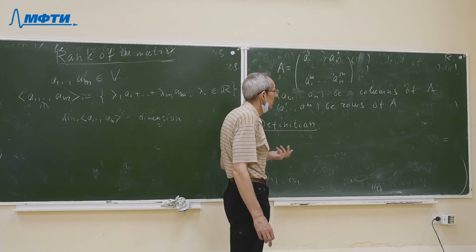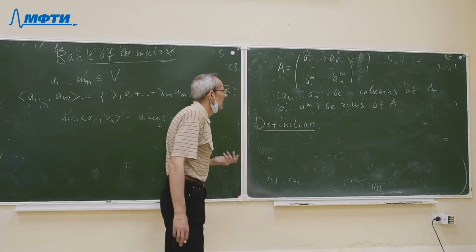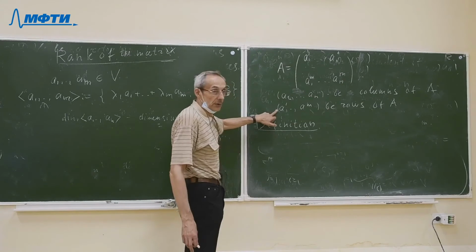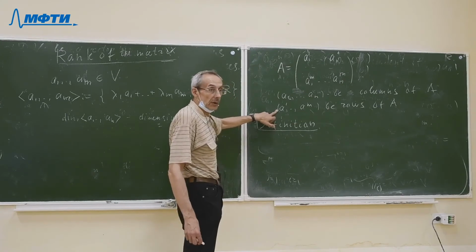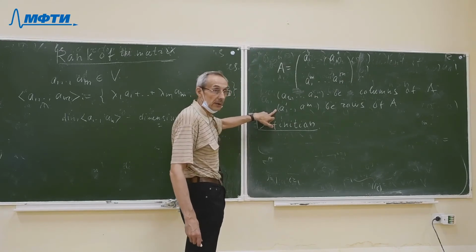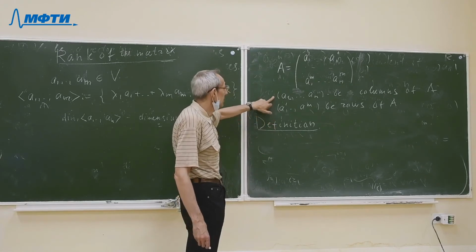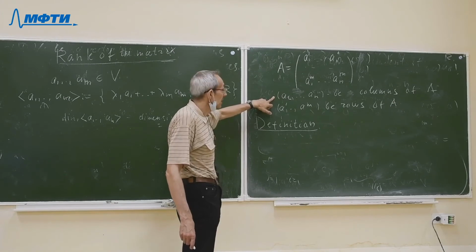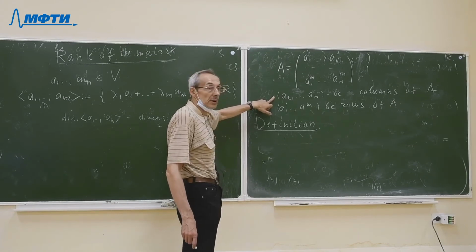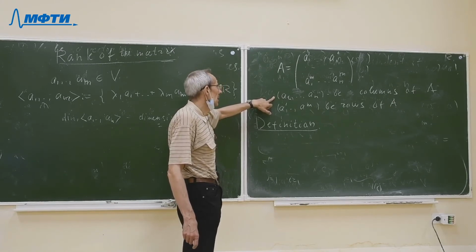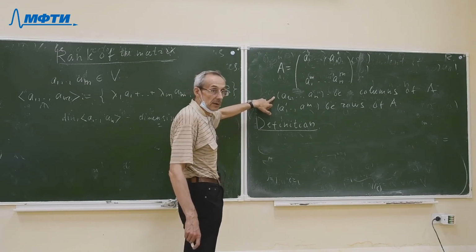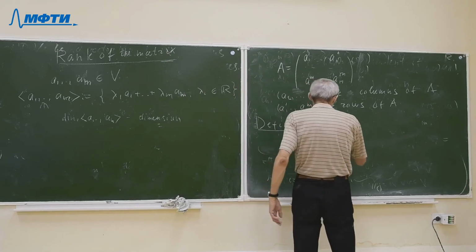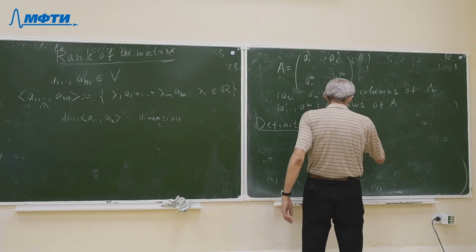The dimension of the vector space of rows is called the row rank of the matrix, and the dimension of the vector space of columns of matrix A is called the column rank of the matrix.